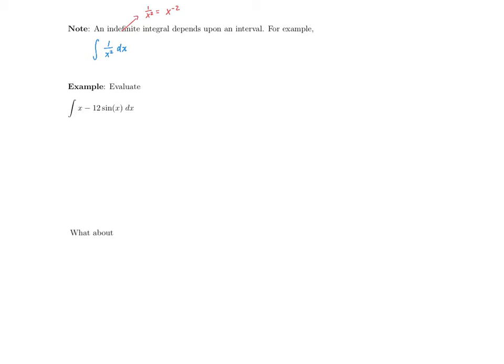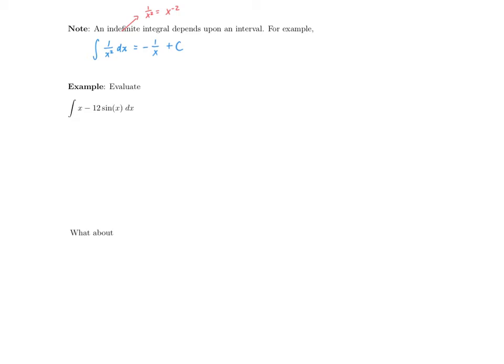So the antiderivative of x to the minus 2 would be x to the minus 2 plus 1 over minus 2 plus 1, so minus x raised to the minus 1 power. So minus 1 over x plus c.